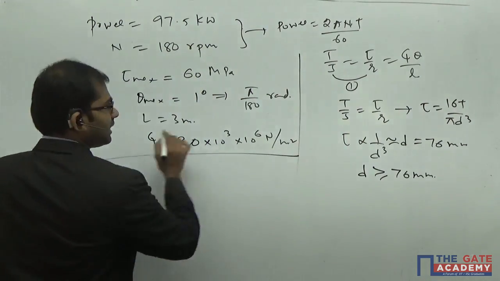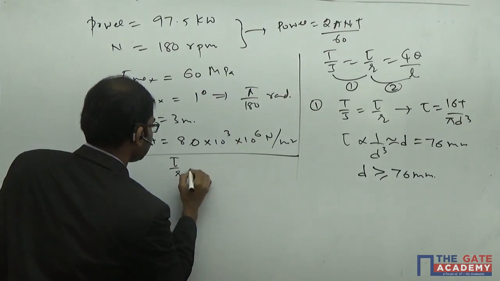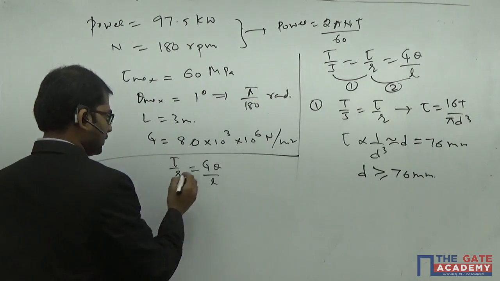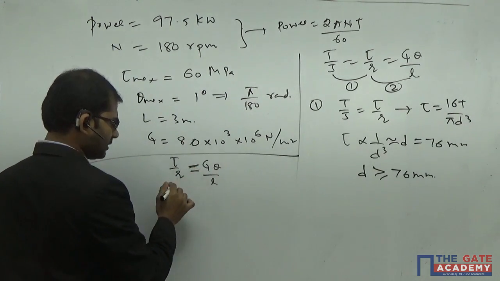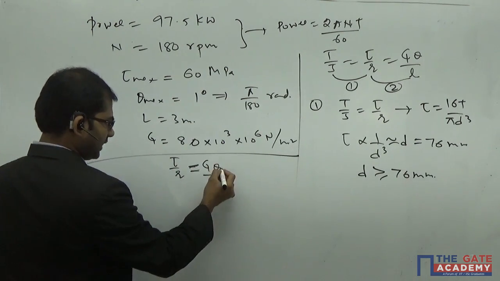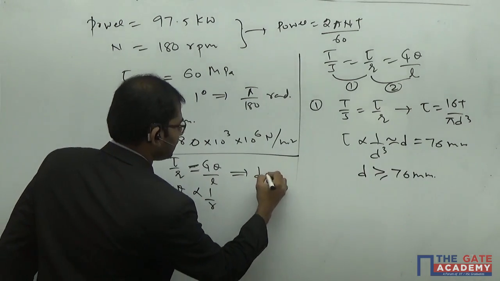Now the remaining one, that means the second equation, the second limit. So tau by r is equal to G theta by L here. From this one, if you do the calculations, where theta is given as 1 degree, theta is inversely proportional to r.